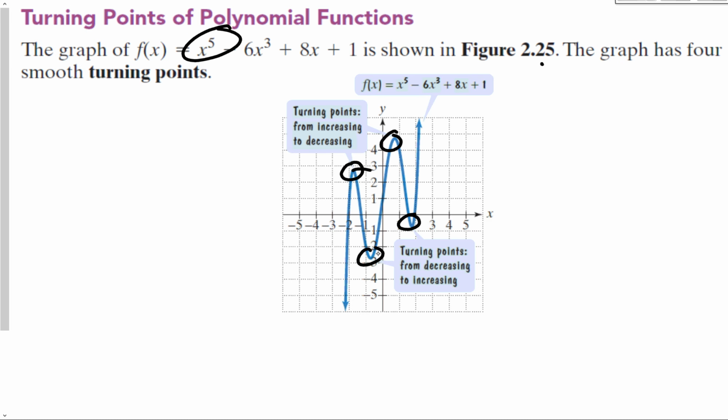If necessary, test values can be taken between x-intercepts to get a general idea of how the graph rises and how the graph falls. For the purpose of graphing in this section, a general estimate is useful, appropriate, and often necessary. So what does that mean for you?